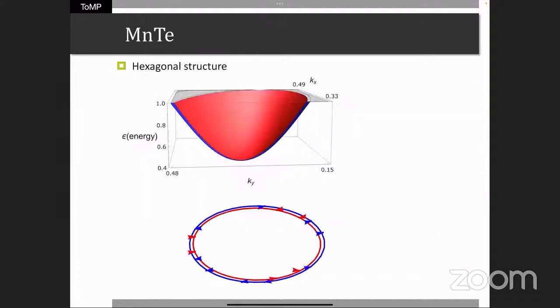We have also studied another hexagonal compound, manganese telluride. And in this manganese telluride, we find Rashba kind of interaction. This point where these two bands, red and blue, touch, that is the high symmetry K point in the hexagonal system, hexagonal Brillouin zone. And the corresponding constant energy contours look like this.